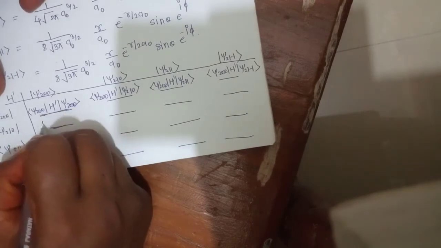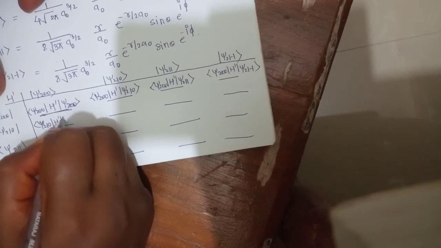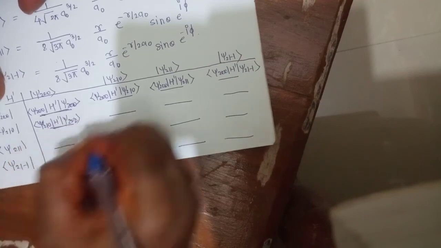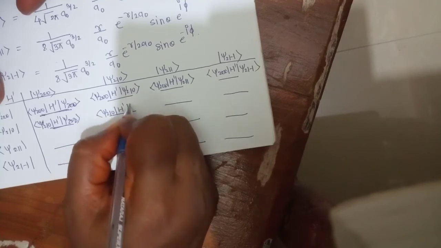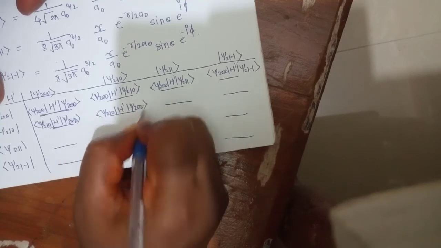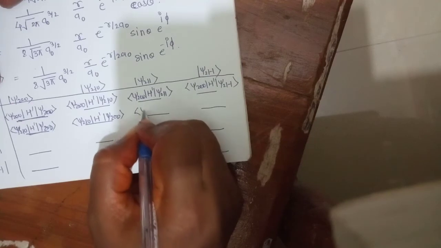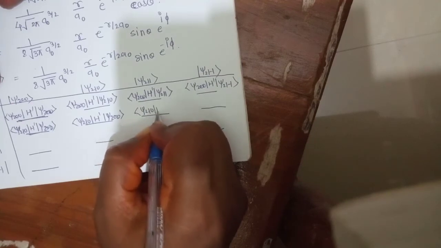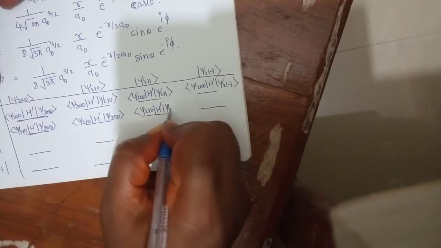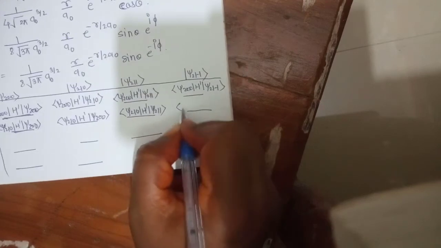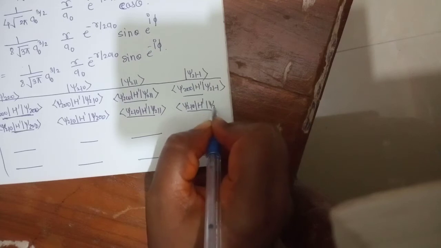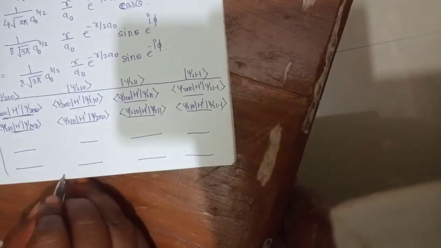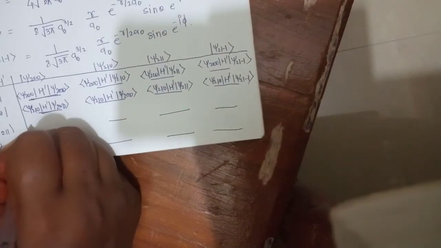Next row: bra 210 H prime psi 200, psi 210 H prime psi 210, psi 210 H prime psi 211, psi 210 H prime psi 21 minus 1. Simply write in this manner.